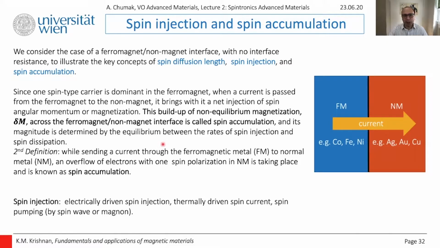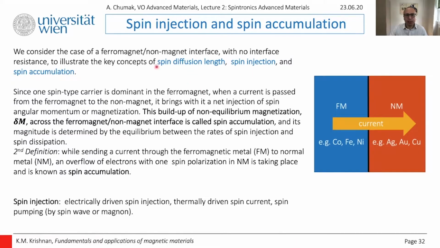Then we can describe spin accumulation as a non-equilibrium magnetization delta M across the ferromagnet, non-magnet interface here. So when you inject spin up electrons, then you will get a kind of effective magnetization.